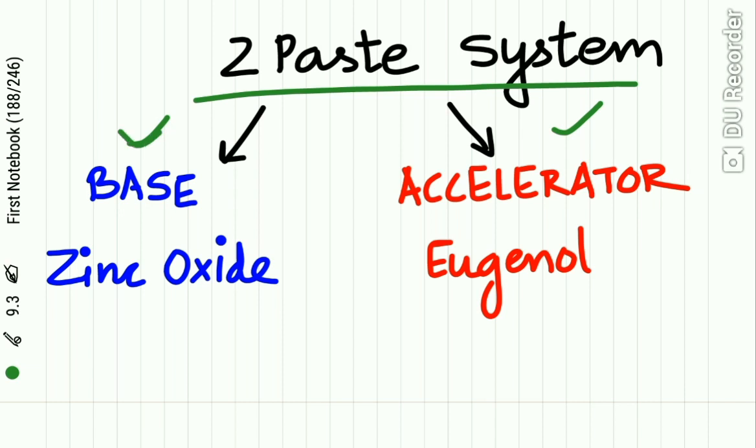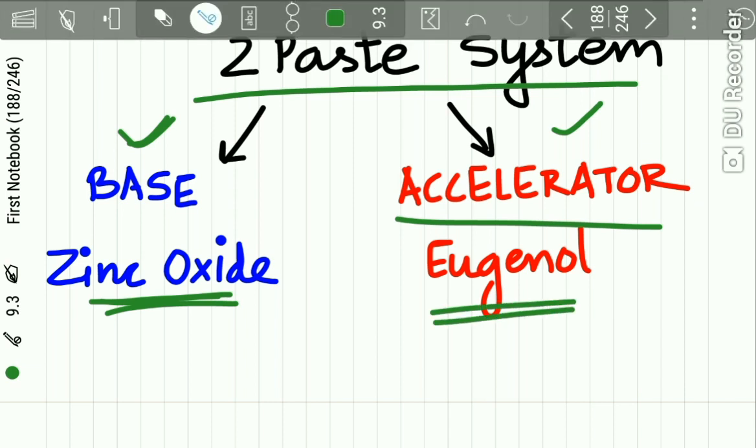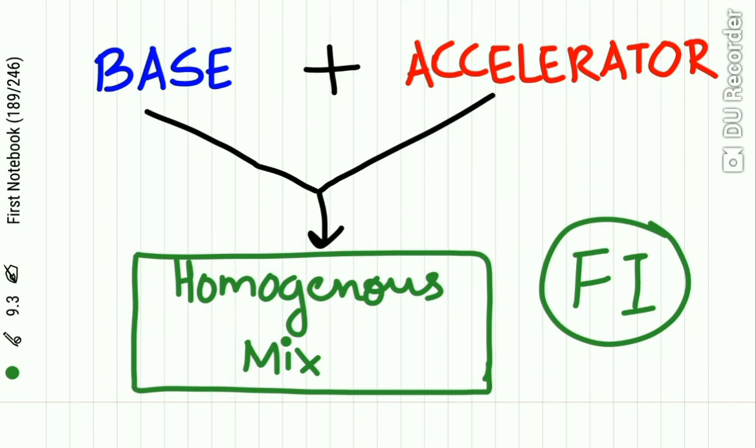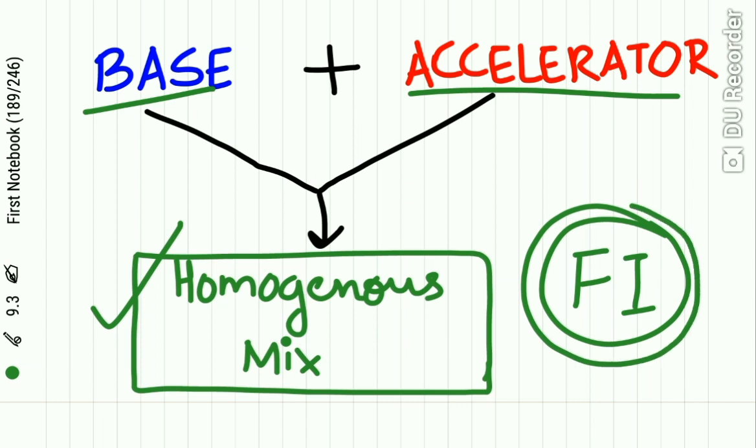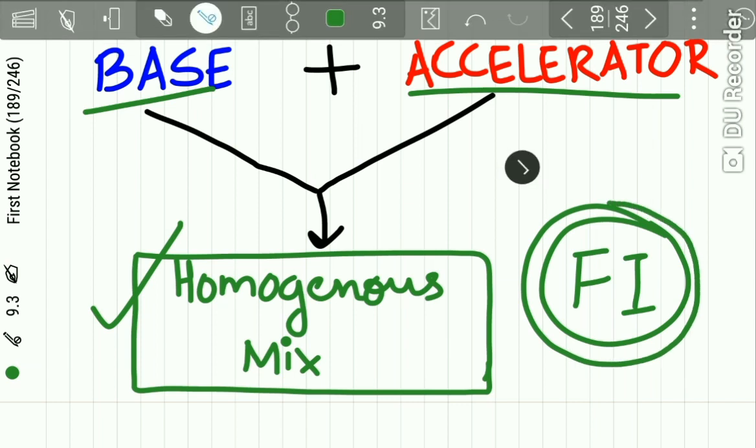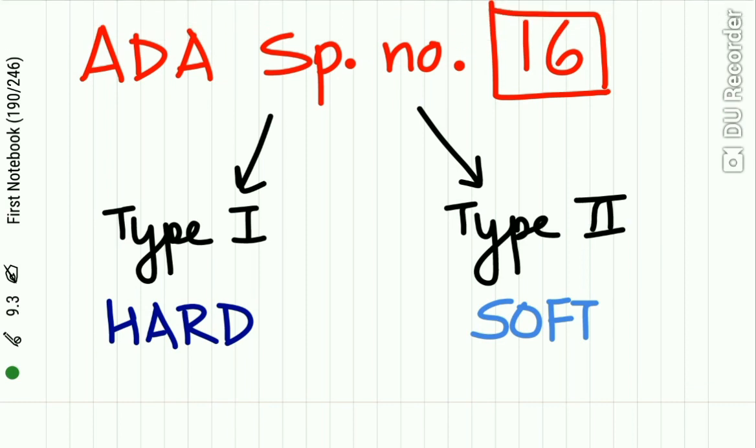The base contains the principal ingredient zinc oxide, and the accelerator or the catalyst contains the eugenol. Now, when base is mixed with the accelerator or catalyst, a homogeneous mix is formed, and using this homogeneous mix, the final impression of the patient can be made.